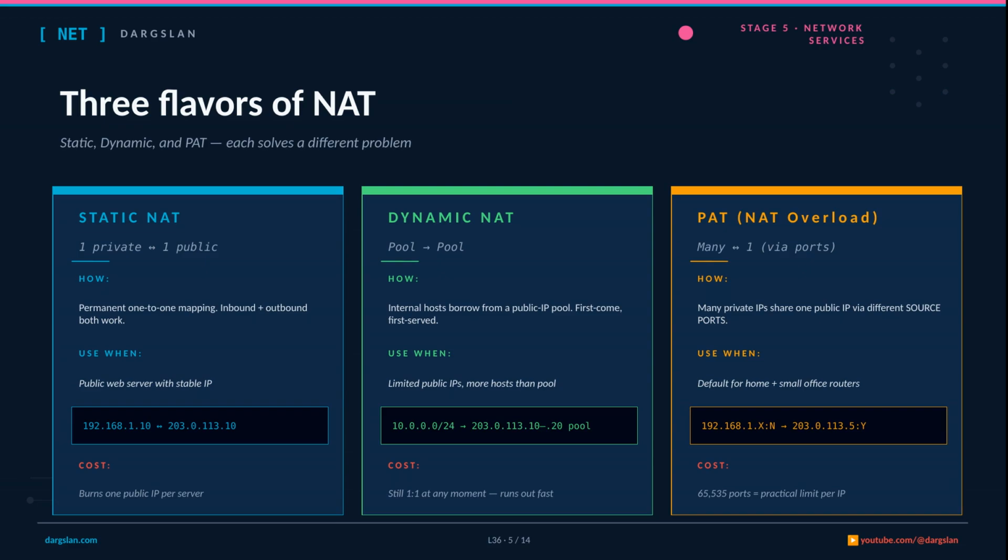Dynamic NAT hands out addresses from a pool on a first-come, first-served basis, useful when you have fewer public IPs than internal hosts, though each mapping is still one-to-one, so a busy network drains the pool fast. And then there's PAT, or NAT overload, the one running on virtually every home router. Many private hosts share a single public IP, distinguished only by source port. That's the trick that actually bought IPv4 another 2 decades.